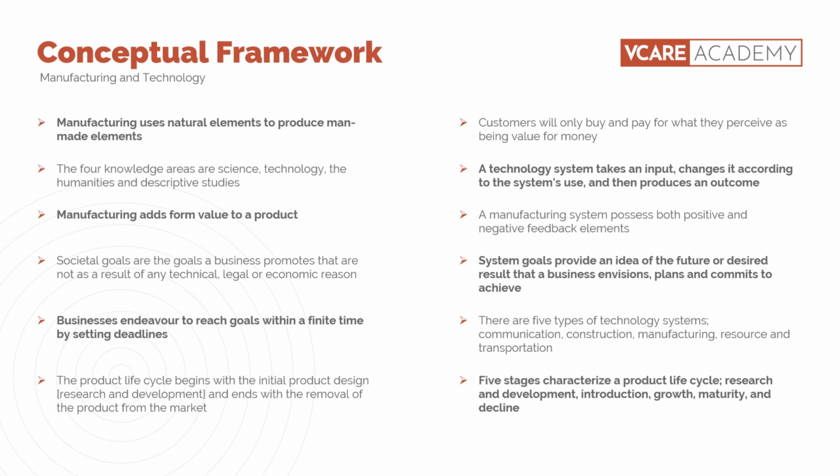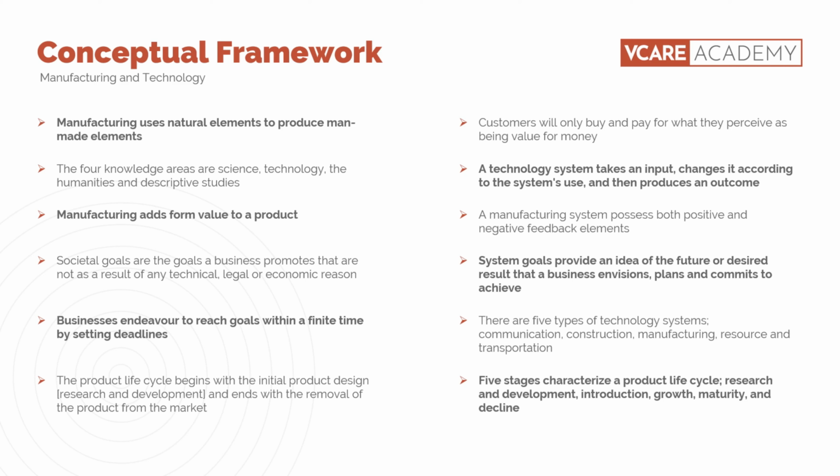Manufacturing uses natural elements to produce man-made products. Customers will only buy and pay for what they perceive as being value for money. The four knowledge areas are science, technology, the humanities, and the descriptive studies. The technology system takes an input, changes it according to the system's use, and then produces an output.